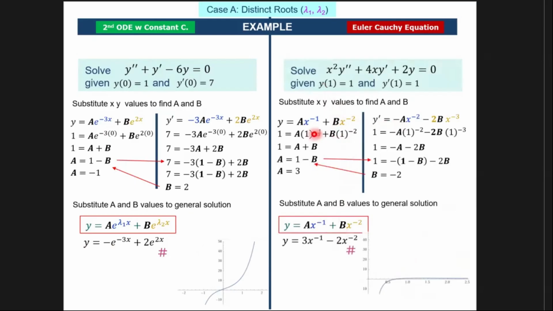After getting the y prime equation and y, you can substitute the values of the initial condition given and calculate the values of a and b. Substitute the values into the general solution, and you will get the particular solution here. When you plot this, you will get this single curve.